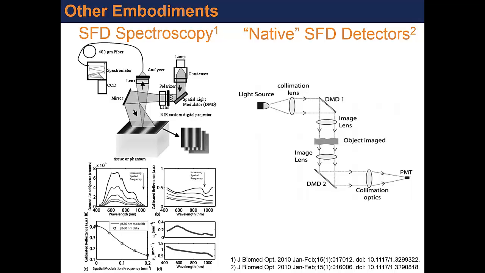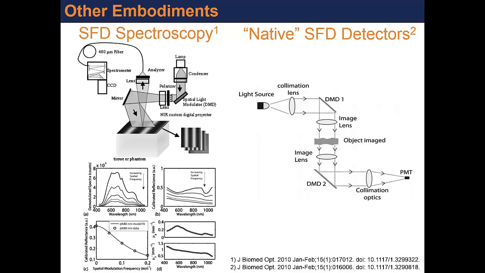So that DMD is actually projecting a sine wave itself, or whatever other structured light wave you'd like. And it's doing an optical transform of that whole harmonic wave across the entire space and giving you a single number. So they're able to get an assessment for the amplitude of this plane wave over the entire field by just making a single measurement, by doing spatial selection with a DMD.